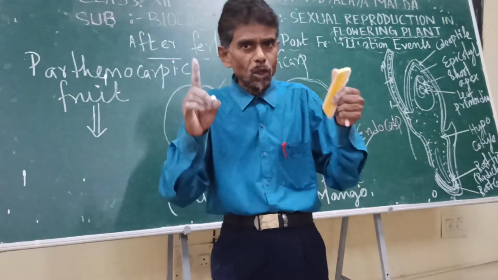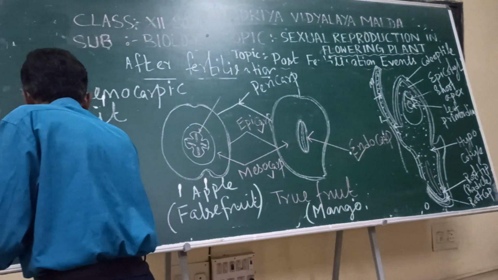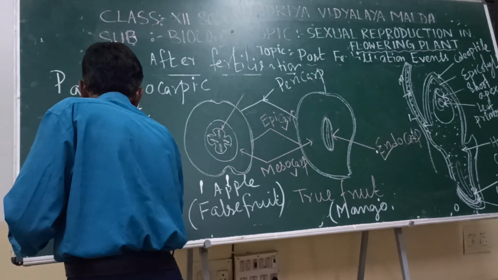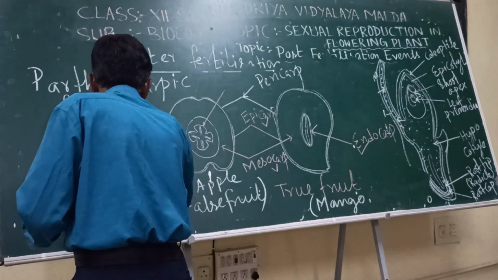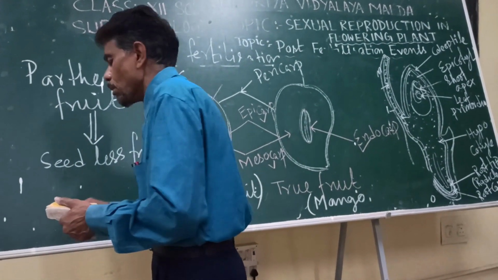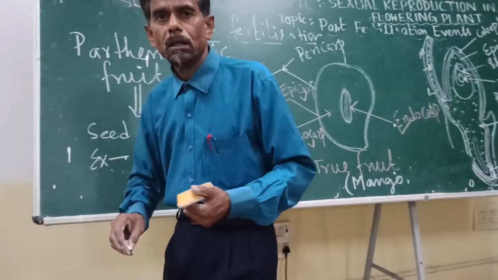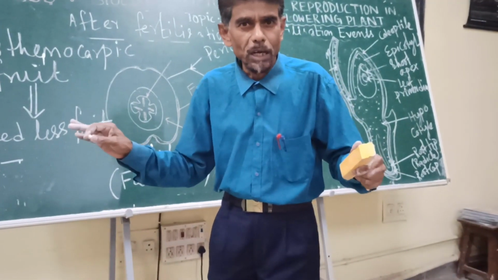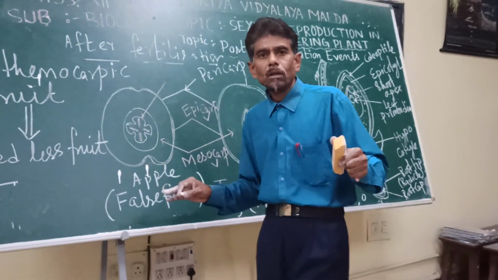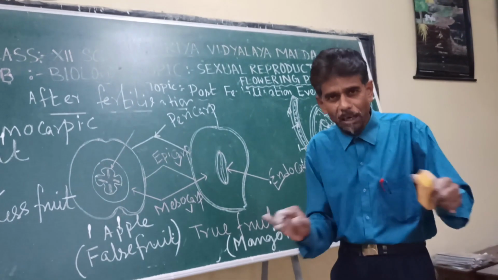So remember, parthenocarpic fruits are the seedless fruit. Say for example, a very common example, banana. Banana is a parthenocarpic fruit. It is developed by using phytohormones. Is that clear to you?